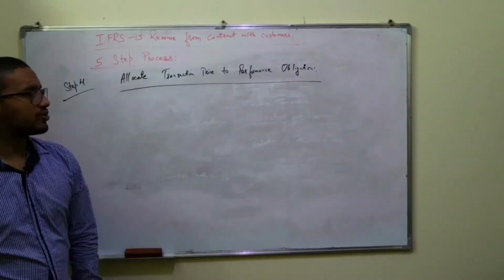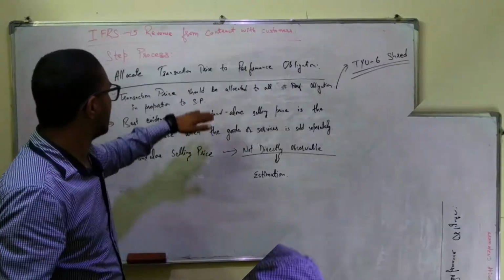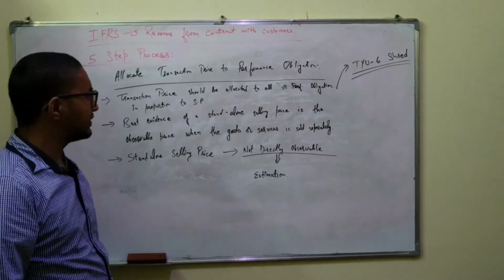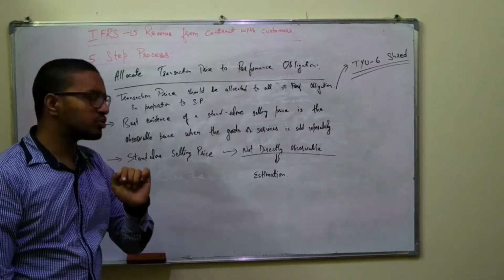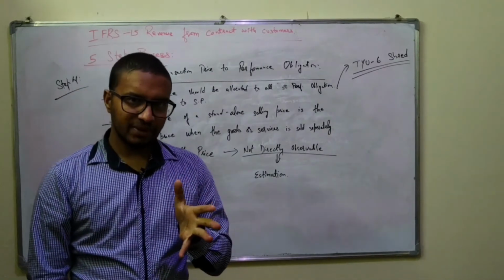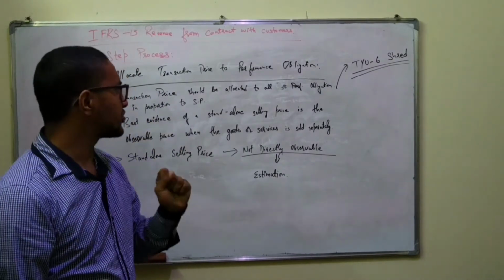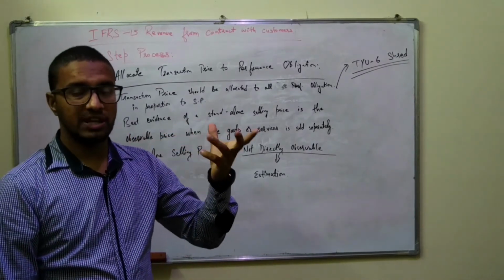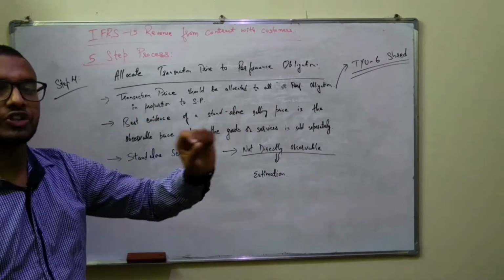So how do we actually allocate transaction price to the different performance obligations that we have? When allocating, what you have to be careful about is that the transaction price should be allocated to all performance obligations in proportion to their selling price. So based upon the standalone selling price, you allocate in proportion to the selling price.